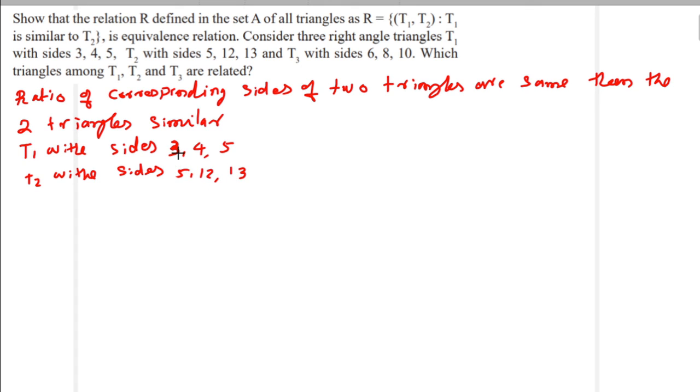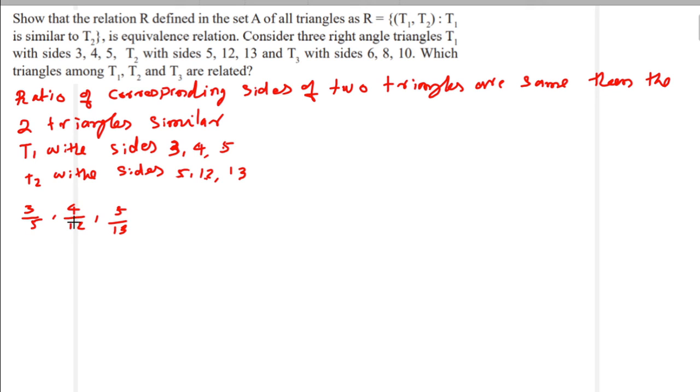So the corresponding sides are 3, 5; 4, 12; and 5, 13. Here you can take the ratio 3 by 5, 4 by 12, 5 by 13.